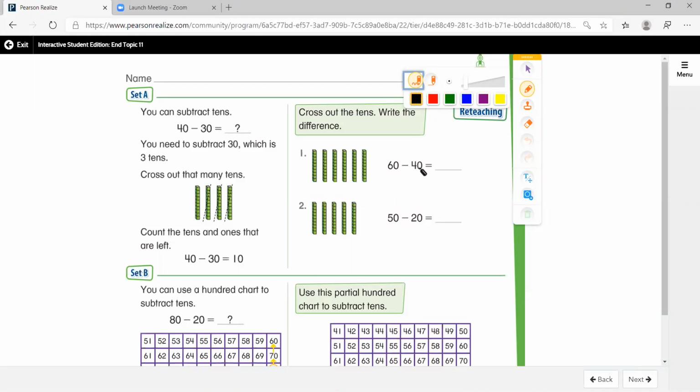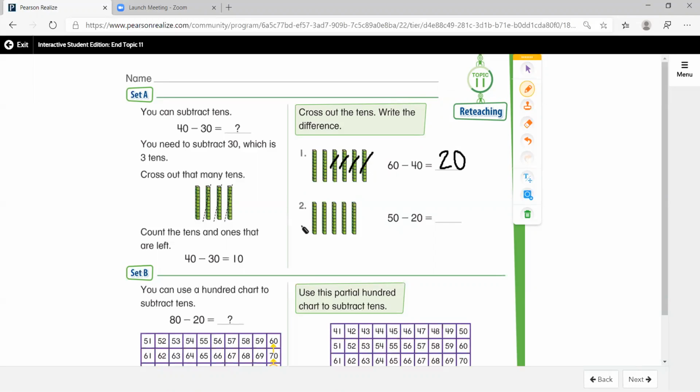So if I'm subtracting 40, instead of adding 4 10s, I'm going to cross out 4 of my 10s. So if I cross out 4 10s on my model, you can see that I have 2 10s left. So I'm going to put a 2 in my 10s place and a 0 in my 1s place because I'm counting by 10s. We have 10, 20 for our answer.